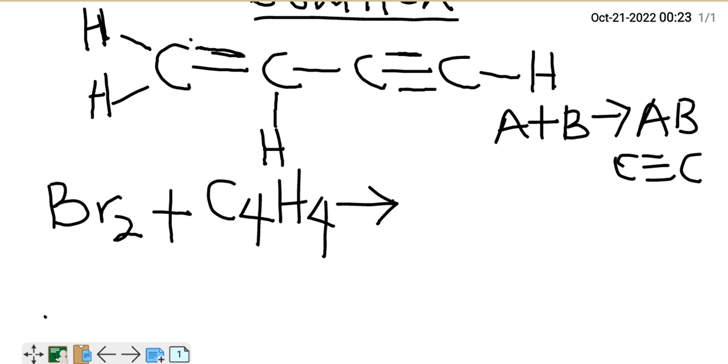So usually alkynes will take up 1 molecule of bromine to form an alkene first. After that, they will take up another molecule. Then a single bond will now be left. So usually this is supposed to occur in 3 steps. But then, in order to save our time, all we're just going to do is to write the overall reaction.